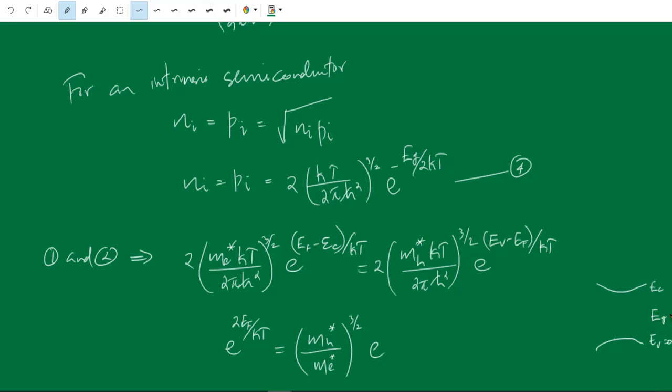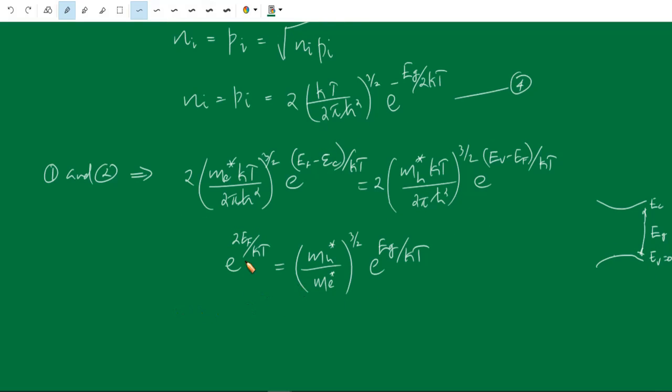Since Ev is 0, Ec is equal to Eg. So Ev plus Ec is equal to Eg divided by kT. So this is the expression for the Fermi energy, which is measured from the top of the valence band edge.